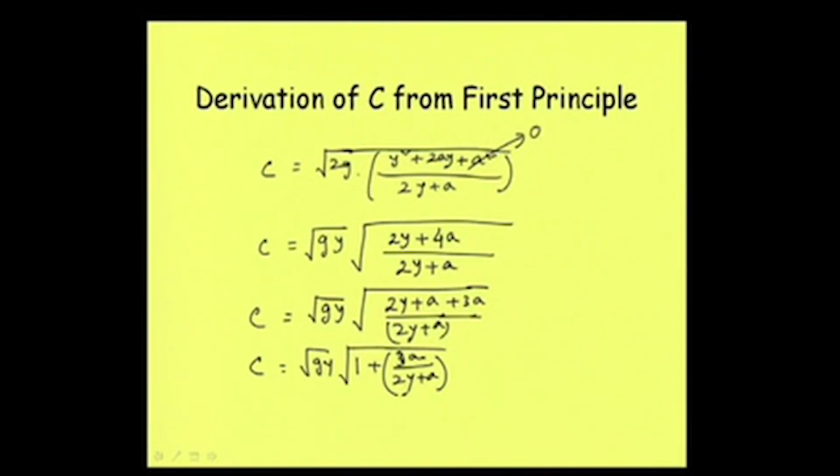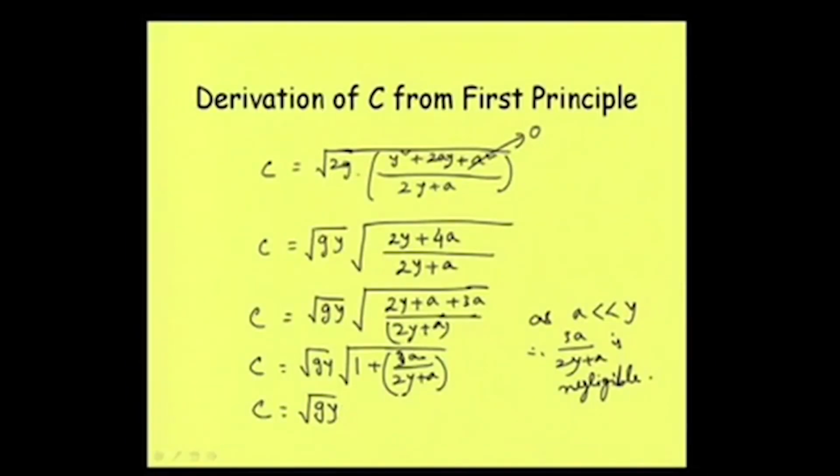As a is very very small as compared to y, therefore 3a by twice y plus a is negligible, and just neglecting this part, c is equal to root over g y. That is the expression that we derived in our last class.